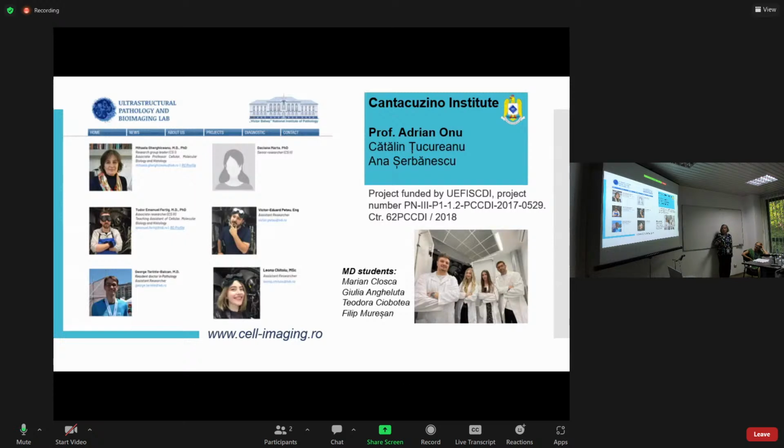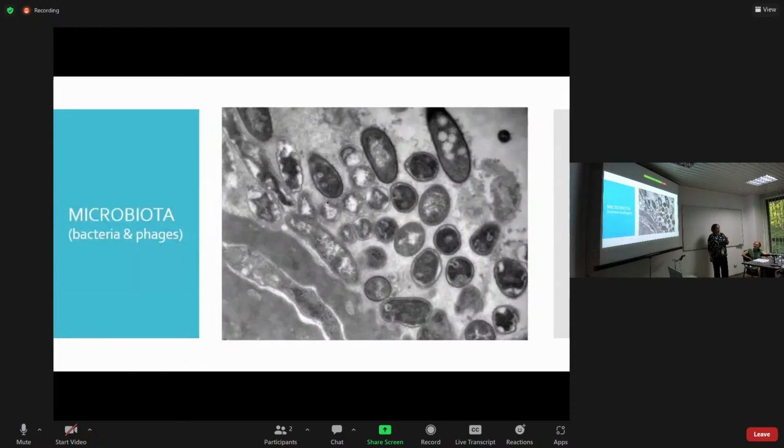We worked in collaboration with Professor Onwu and his team for influenza vaccine, and we have a lot of students from medical faculty working with us for image processing, especially because it's time consuming and requires quite a good knowledge of the software, so they are interested in this kind of things.